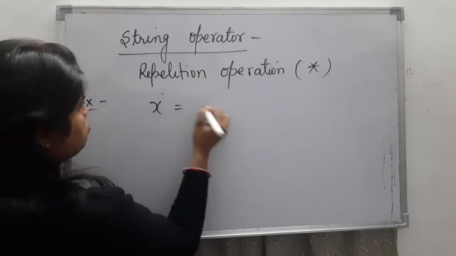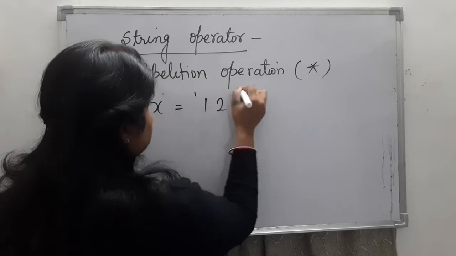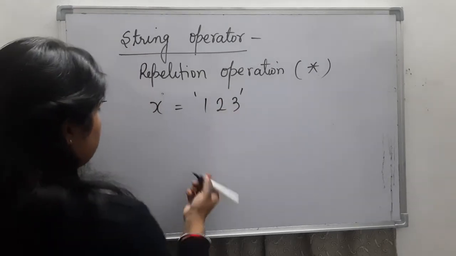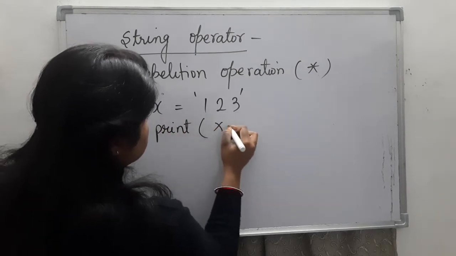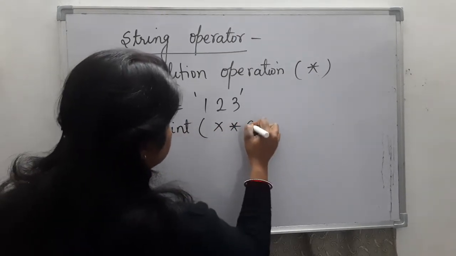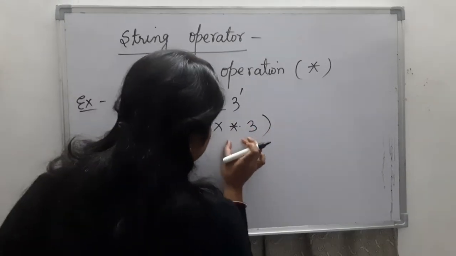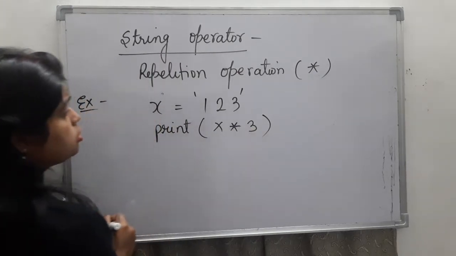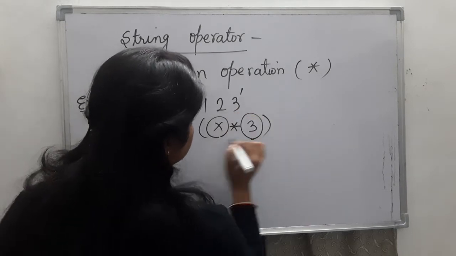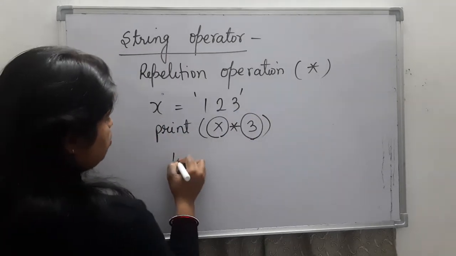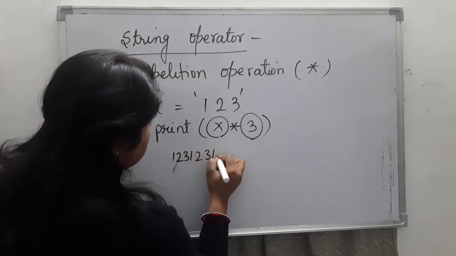Suppose I take x equal to 1, 2, 3 in the form of a string, and I replicate it by giving the asterisk operator 3 times. The x value is 1, 2, 3 and I want to repeat it 3 times, so the output will be 1, 2, 3, 1, 2, 3, 1, 2, 3.